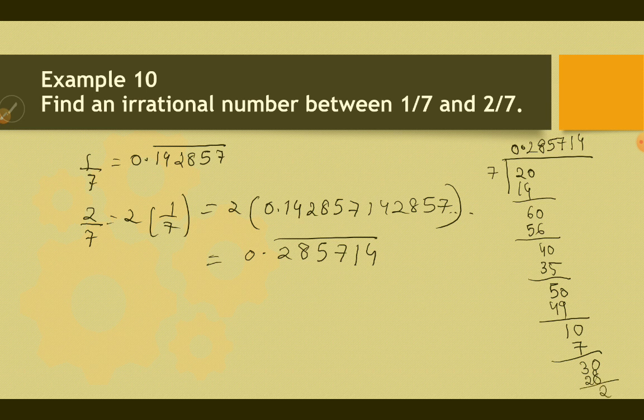We started with 2 and we got remainder 2. Hence 0.285714 keeps repeating. That's all for today.